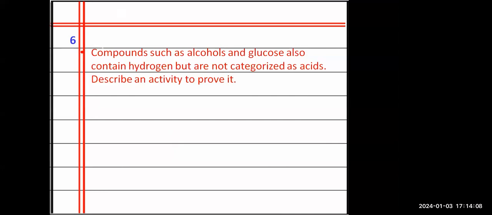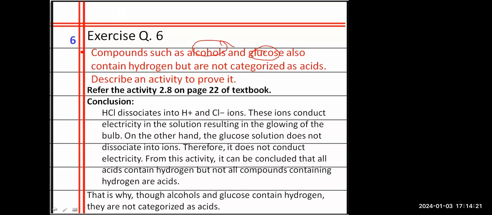A similar kind of question based on the same concept: compounds like alcohol and glucose contain hydrogen, but they are not categorized as acids. So the answer is the same. They are asking you to explain in the form of an activity. Using the same activity, you can take a beaker and take acid and alcohol into it one by one.